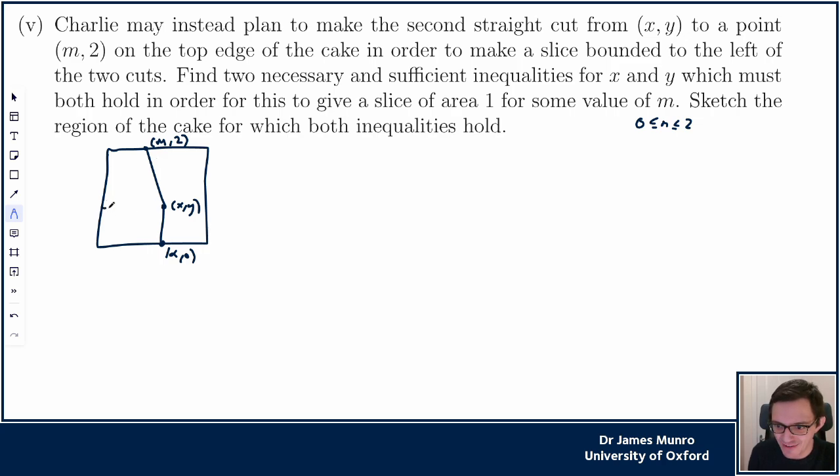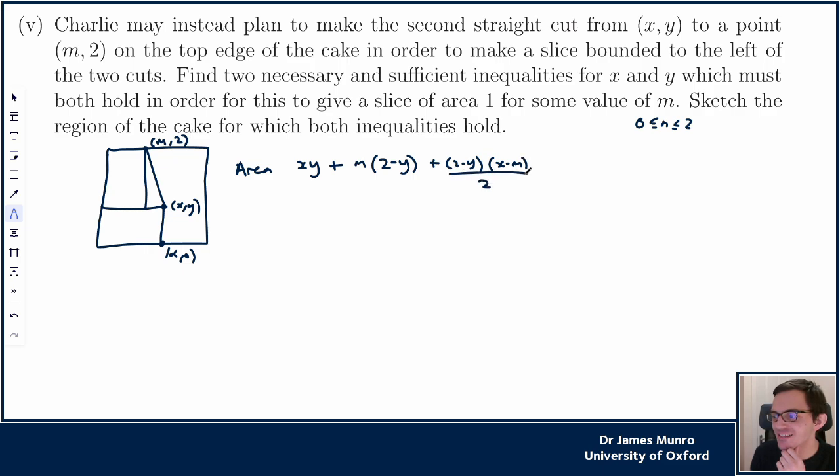Okay, so that area is now a rectangle plus another rectangle plus a triangle, and I'll get something like the area, it's this area on the left that I want, which is xy plus, what is this one? It's m wide, and it is 2 minus y tall, and then this triangle at the end there is also 2 minus y tall, and its width is x minus m.